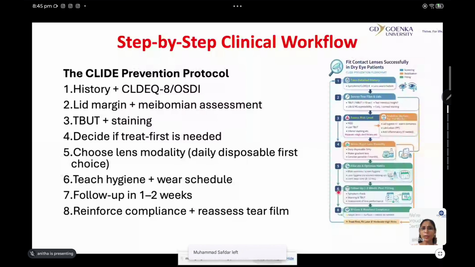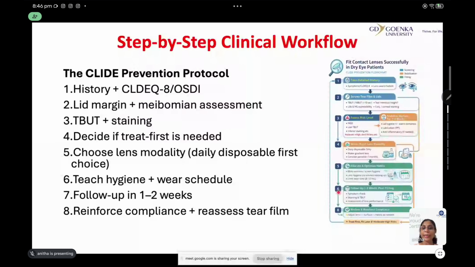So again, to wind up, a step-by-step clinical workflow will involve history taking plus a symptomatic questionnaire, lid margin evaluation and meibomian gland assessment, tear breakup time and staining, and decide if you need to treat dry eye first and then fit contact lenses.